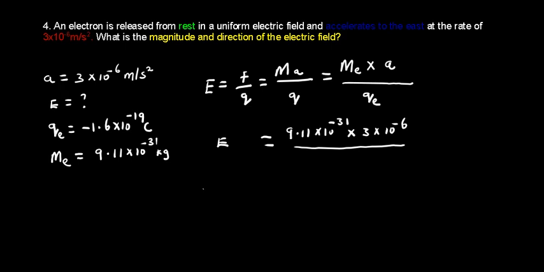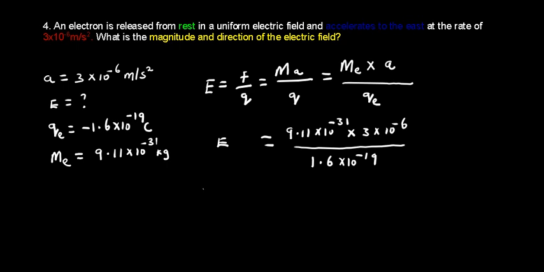But here, the sign does not matter because we are looking at the magnitude of the electric field. You may decide not to put the negative sign, it doesn't matter. So we have 1.6 times 10 to the power negative 19.